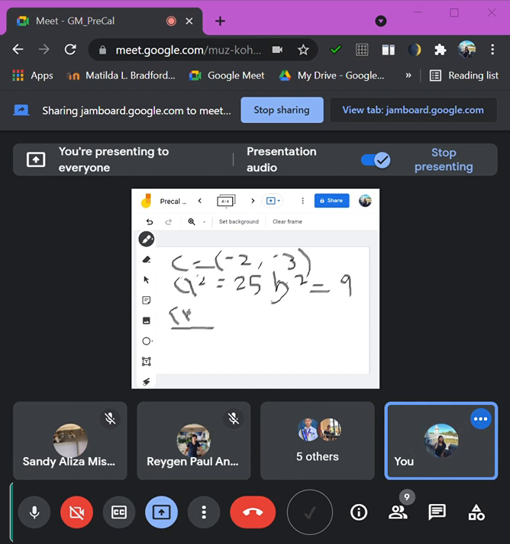So, we have there X, and then H, and then this one is our K. So x minus negative 2, that is x plus 2, and then squared, over A squared that is 25, plus y minus negative 3, that is y plus 3, and then squared over 9 is equal to 1. So that is now your final answer.